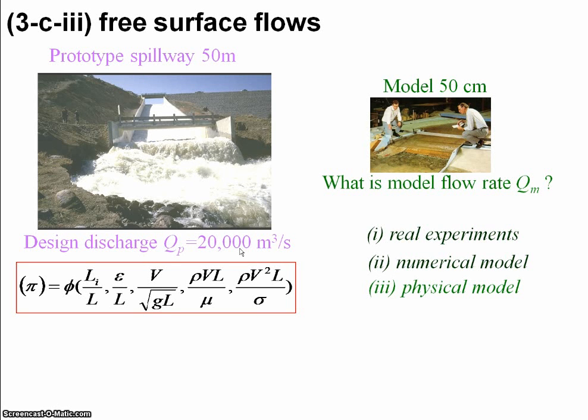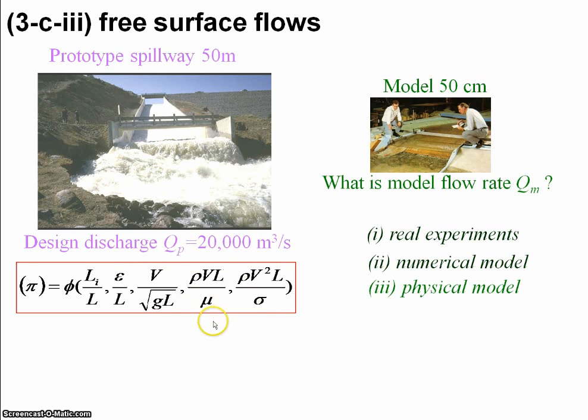Pi is equal to the relationship of Li and L, and epsilon is the roughness and L is the length scale of the prototype. Again, this is a new parameter called the Froude number, if you go back to look at your common parameters.